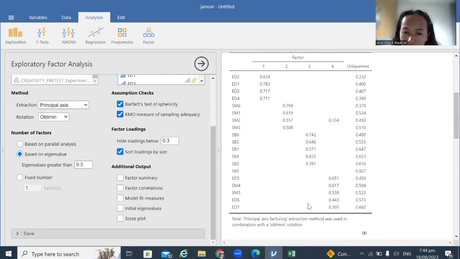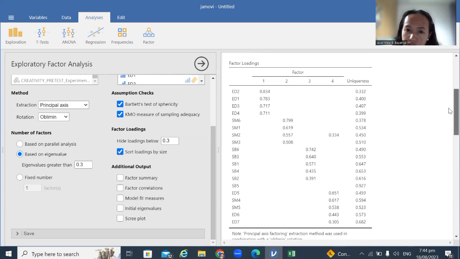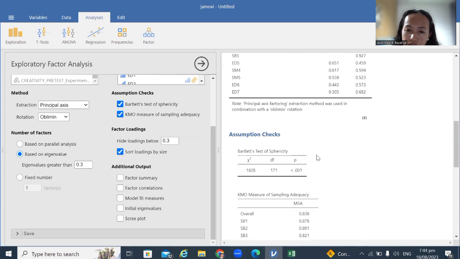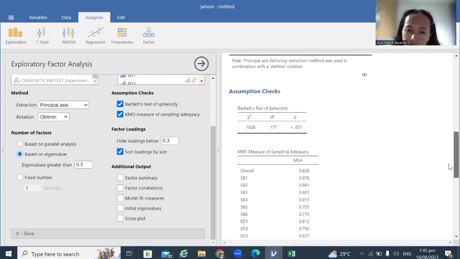So this is now the table for our EFA. Then our assumptions check on Bartlett's test of sphericity. We have degrees of freedom 171. P is less than 0.001. P is less than 0.001, so it is significant.